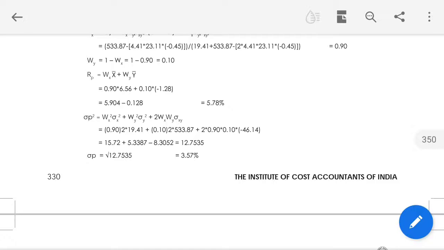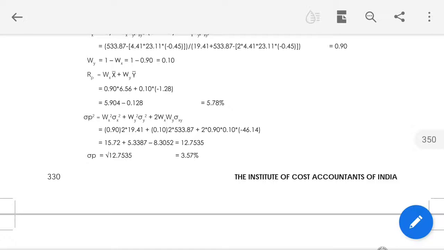So the net expected return is 5.78%, which is a higher rate of expectation, because 90% is invested in positive value and 10% in negative value. Earlier, 50% was invested in positive value and 50% in negative return.